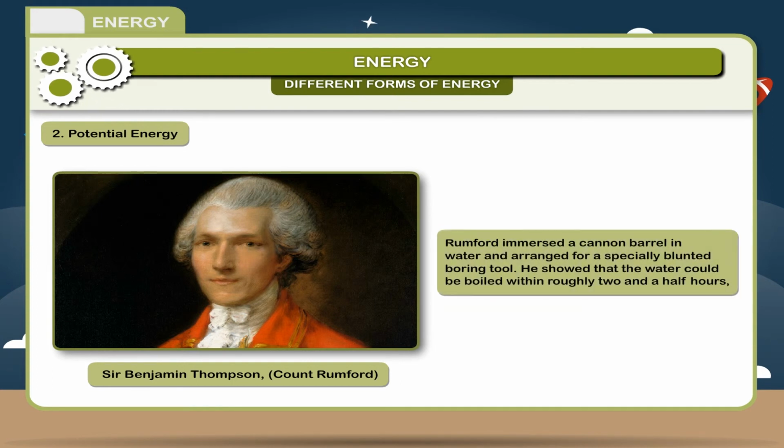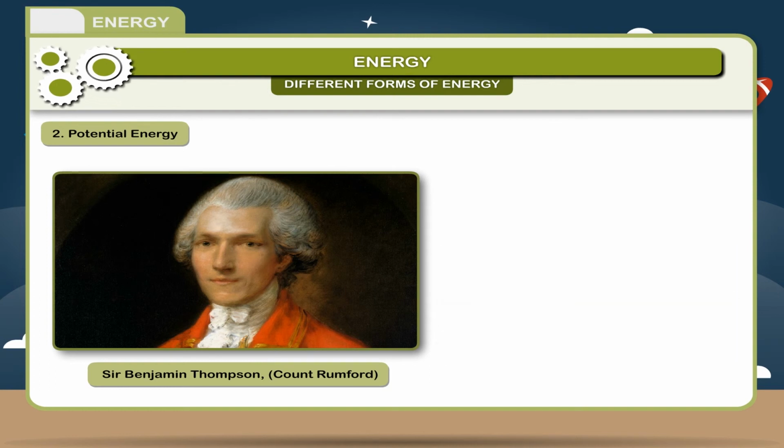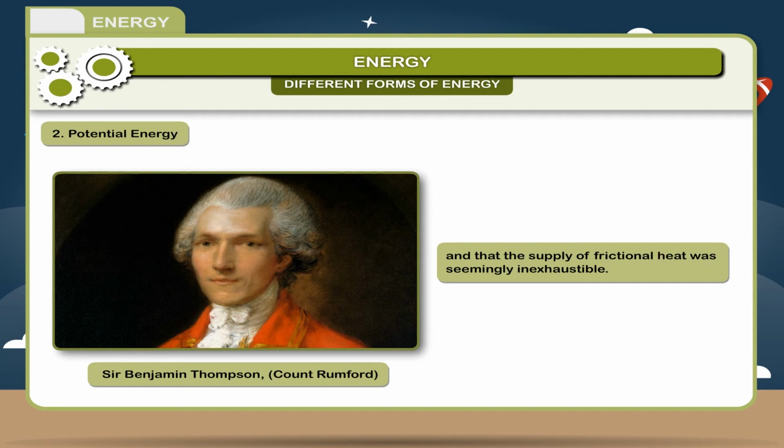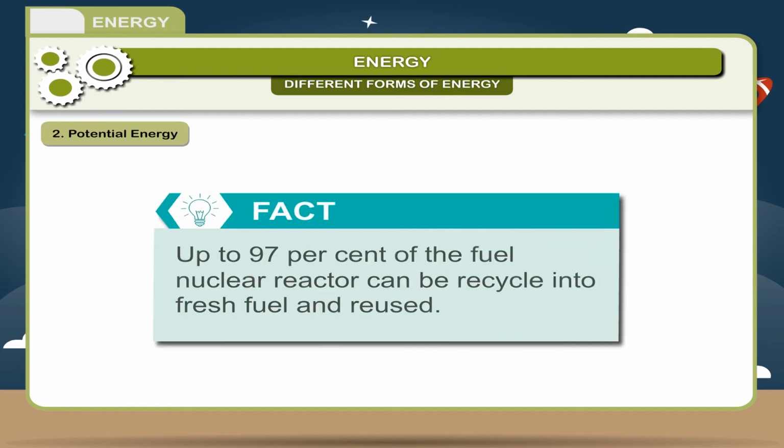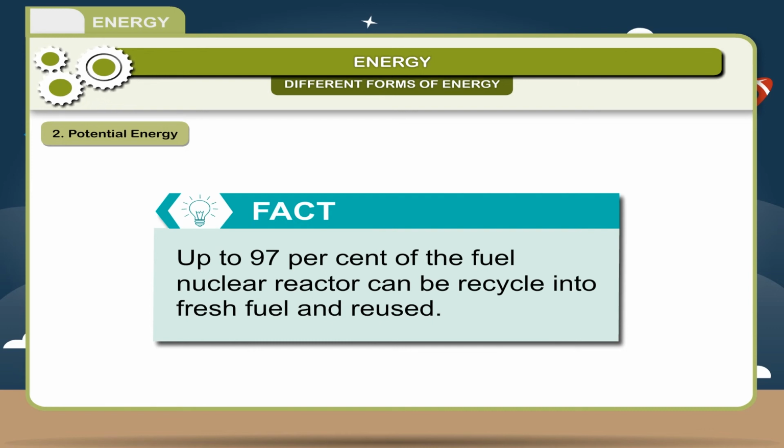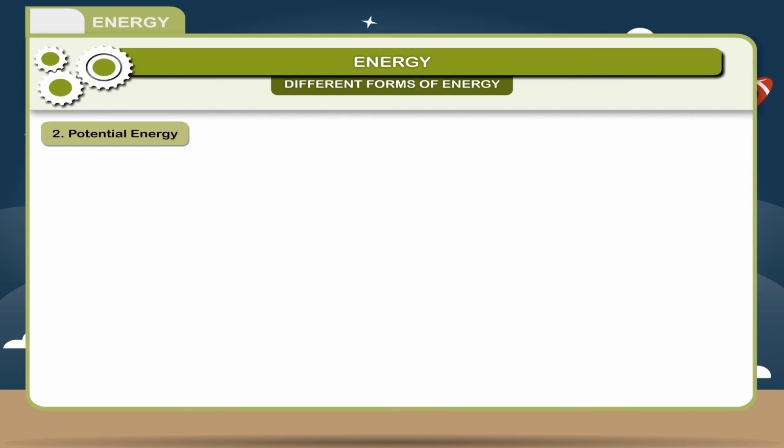Rumford immersed a cannon barrel in water and arranged for a specially blunted boring tool. He showed that the water could be boiled within roughly 2.5 hours, and that the supply of frictional heat was seemingly inexhaustible. Fact: up to 97% of the fuel of a nuclear reactor can be recycled into fresh fuel and reused.